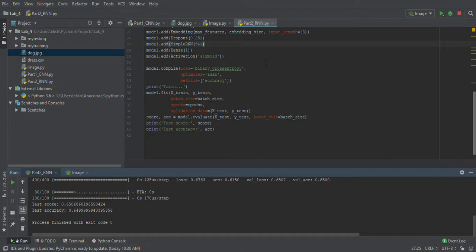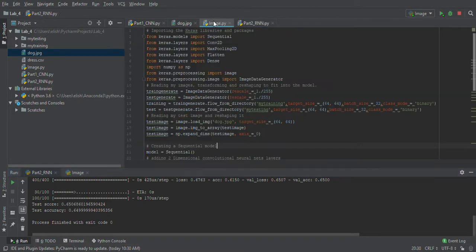And the fourth task was to do image classification. So here it's almost the same procedure, but I'll be using a two-dimensional convolutional neural network. So I generate my training and test set using the Keras image data generator, and then I transform my training and test data into two dimensions of 64 by 64.